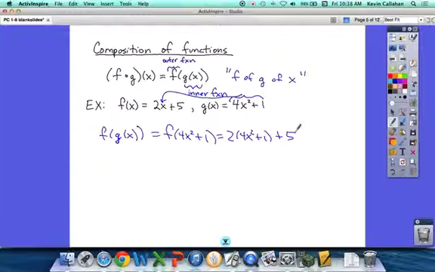Simplify. 8x squared plus 2 plus 5. 8x squared plus 7. Good? You good, Allie?